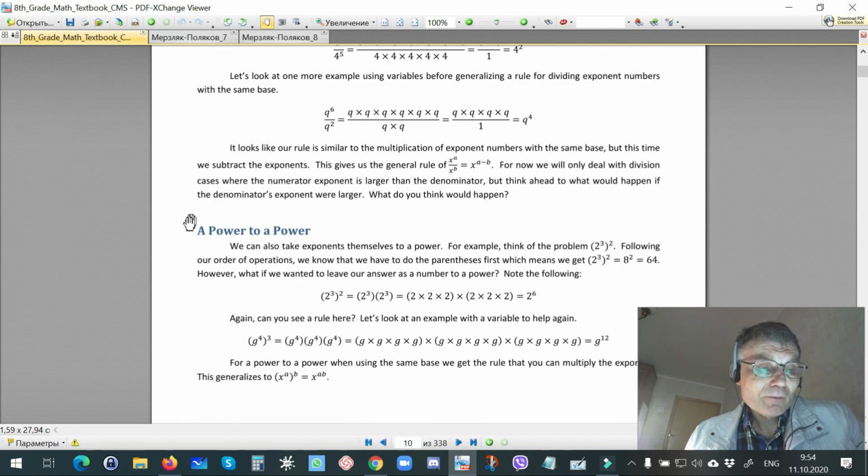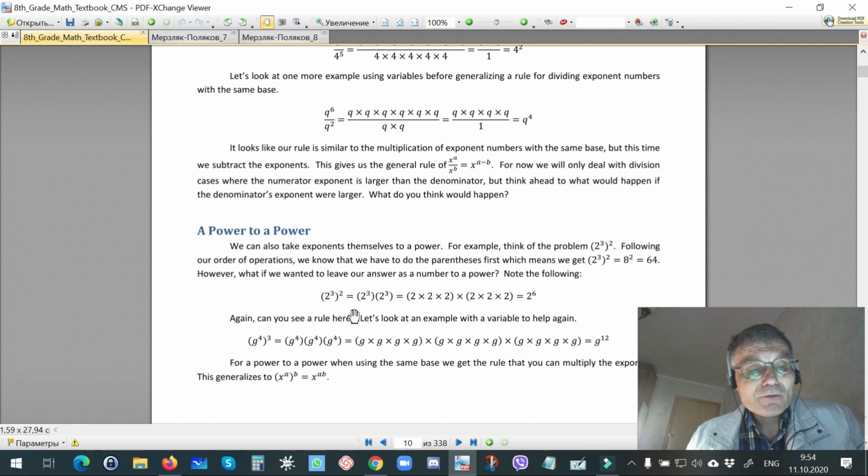Our next step is a power to a power. Actually, that's maybe the most difficult one. When we have this object 2 to the power of 3, and then we put it to the power of 2, so consecutive powers, we just have 2 to the power of 3 repeated 2 times, and we can again just count how many 2's there are, and we find 6.